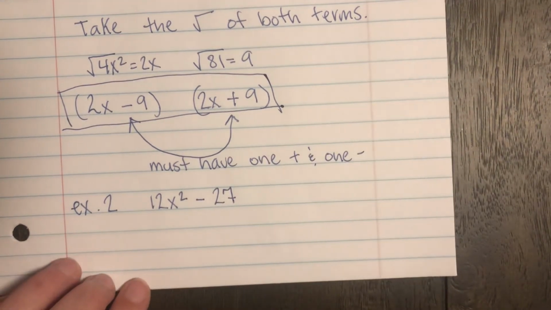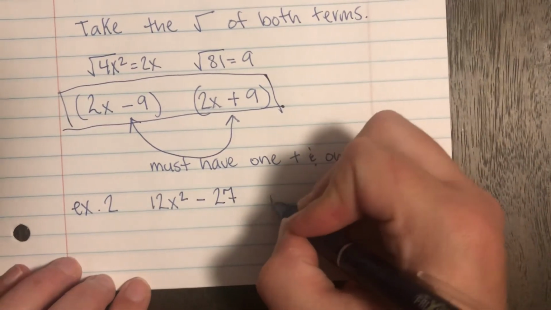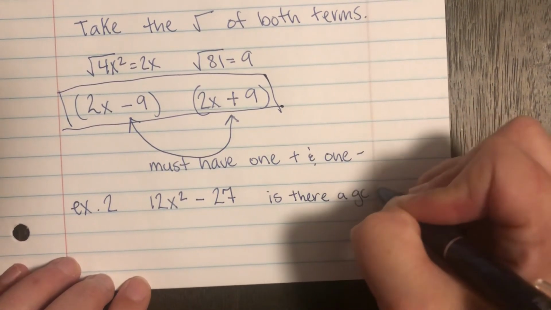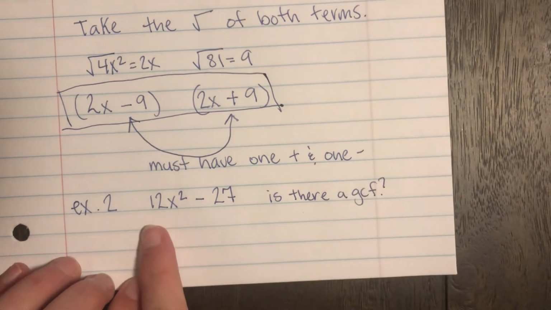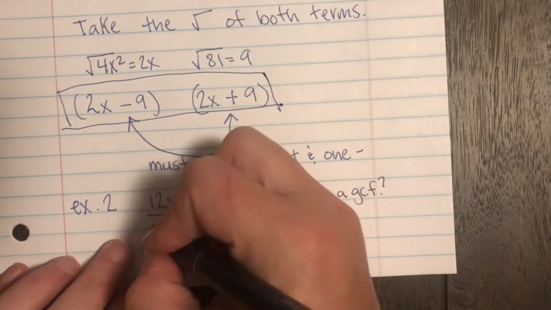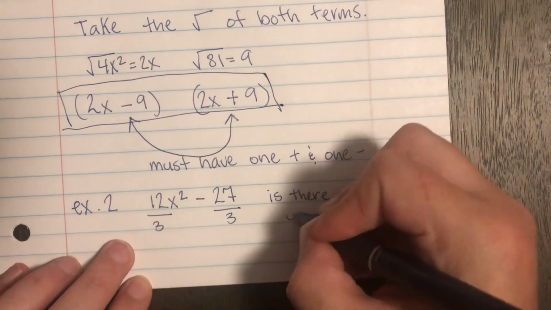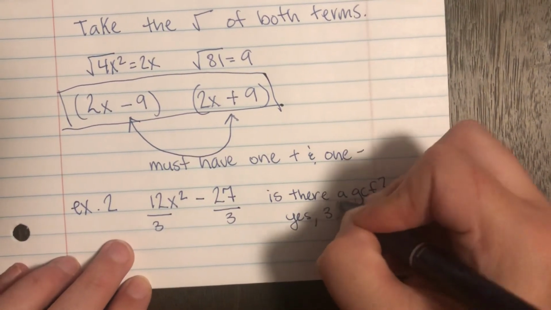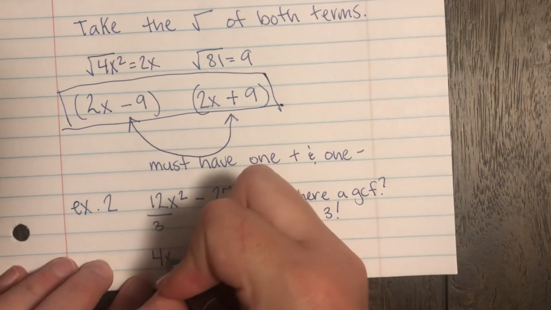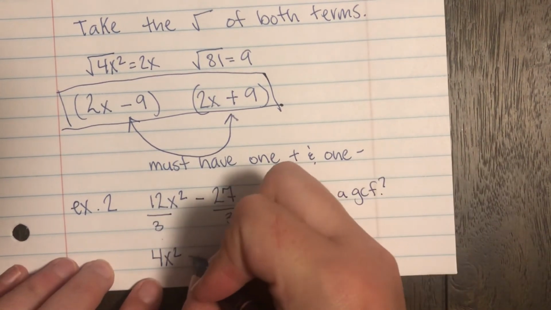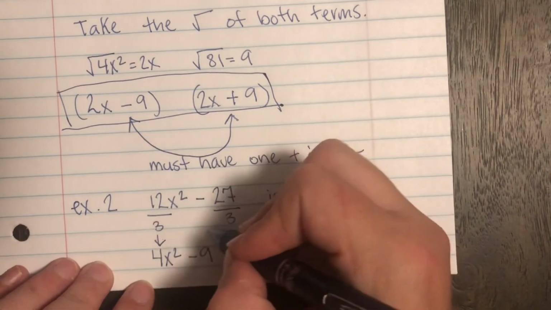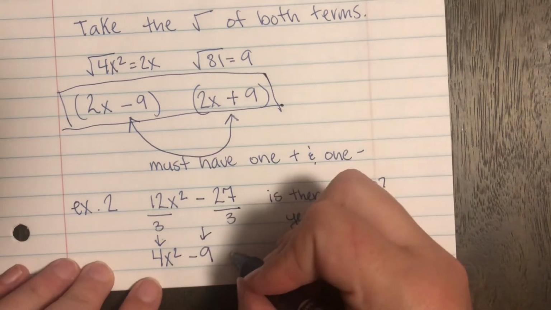When I'm doing this one, I'm going to ask, is there a GCF? On this one, I know that 3 goes into 12 and into 27. So yes, 3. I'm going to divide both of these by 3. And now I'm left with 4x squared minus 9. And I'm sorry that I used the same front term, but oh well.